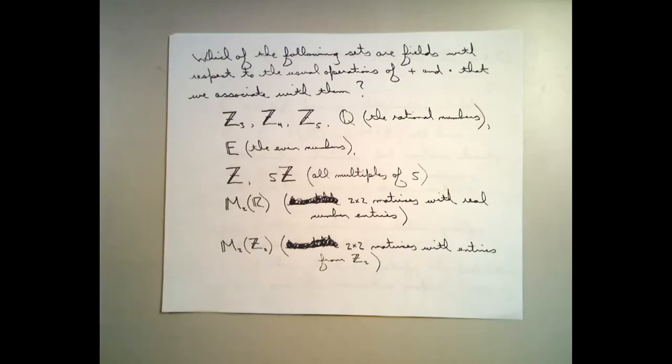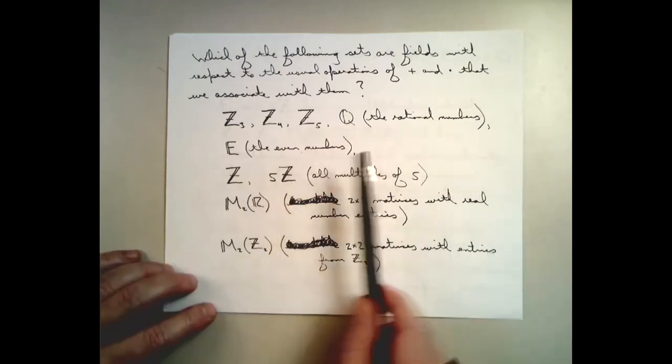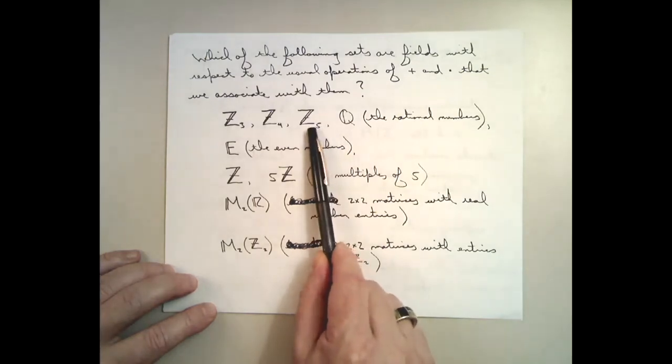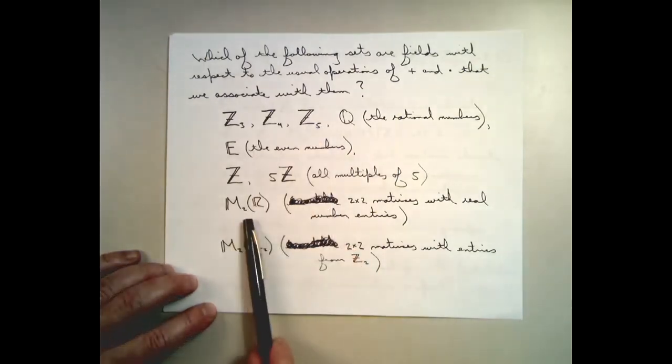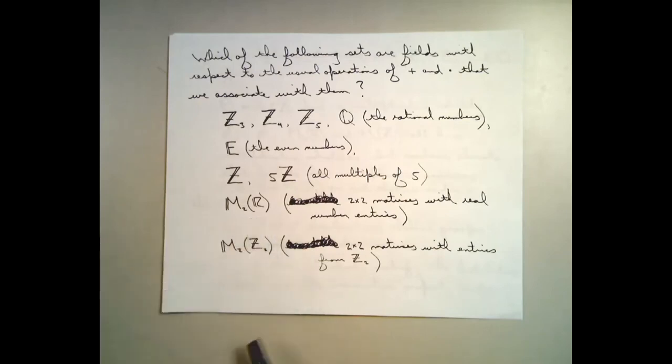What I'd like you to do is pause the video for just a moment and give yourself some time to see if you can decide which of these familiar sets, together with the usual operations of addition and multiplication that we intend whenever we're talking about those. So here it would be addition mod 5, multiplication mod 5. Here it would be the usual matrix addition and that strange matrix multiplication that we apply to matrices, is what I mean there.